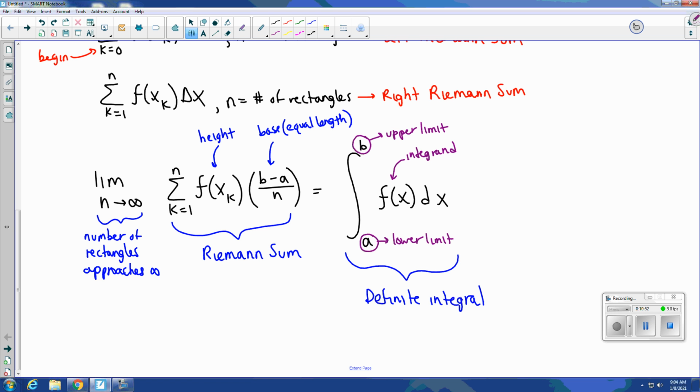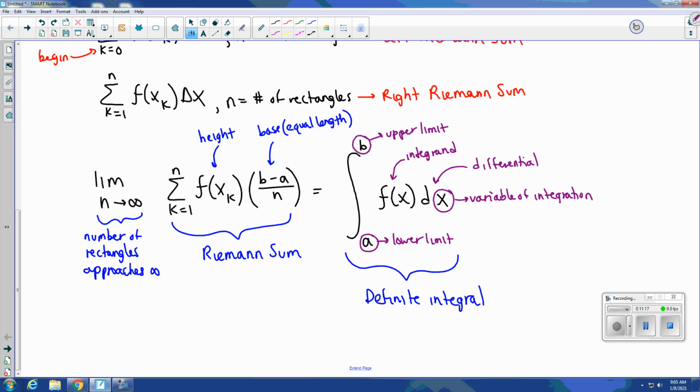And this is the differential. Now, this x value here, it could be dx, it could be dy, it could be dz, whatever variable you're dealing with, what you want to recognize is this is your variable of integration. So that is what you are integrating with respect to.